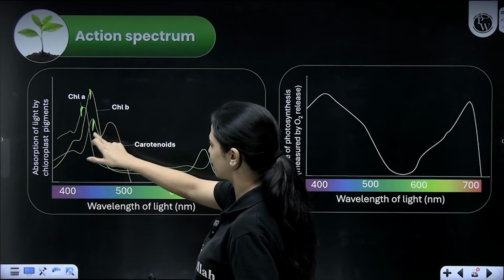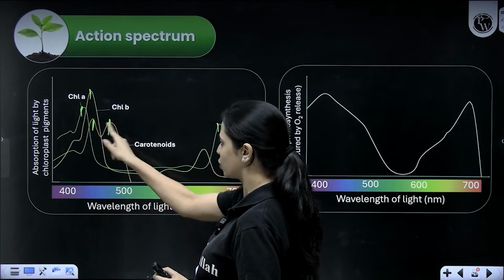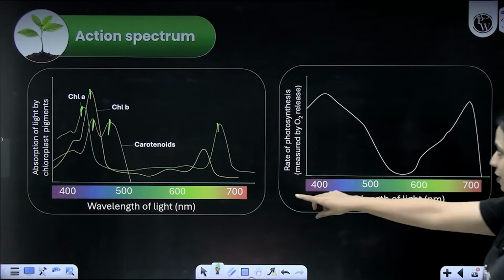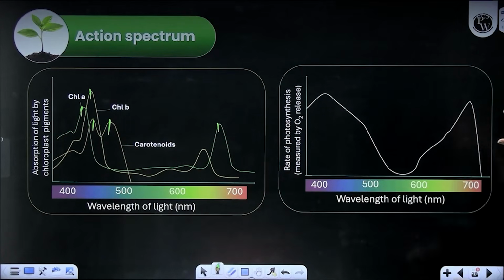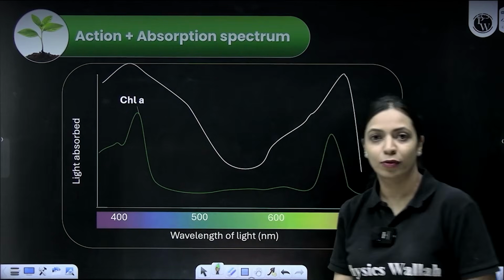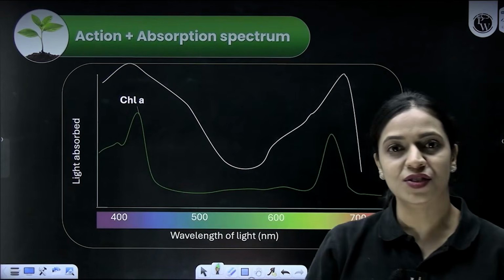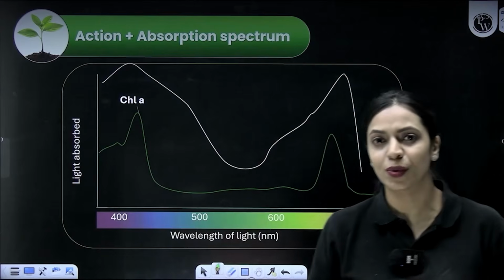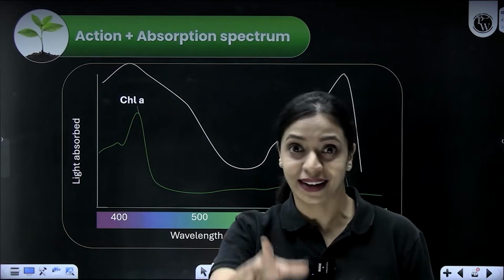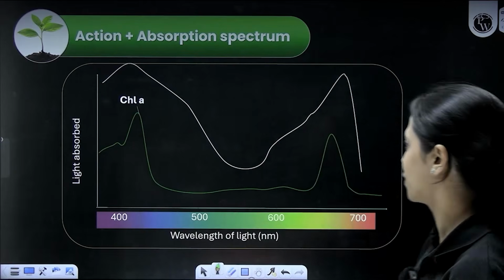And for carotenoids, somewhere near the blue to green regions, you can find the peaks. But if you compare these pigments' absorption spectrum with this action spectrum, you will notice how wherever there are peaks for chlorophyll A, in similar regions there will be peaks in the action spectrum too, which indicates that chlorophyll A is the primary, most directly involved pigment of photosynthesis.